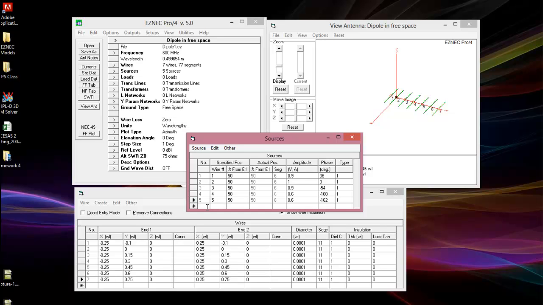For the sixth wire, same current, 0.6, and the phase in this case is gonna be minus 216.